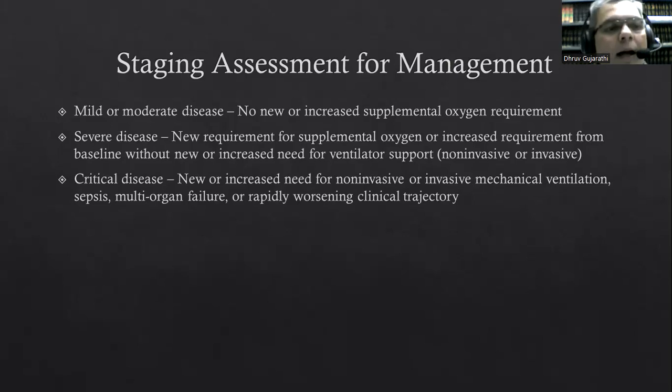or he might require a simple oxygen mask. And the third stage is the critical disease, where the patient is practically on the brink of collapse. He is nearing respiratory failure or is in respiratory failure, and he needs a high oxygen supply, where HFNO has failed or simple mask supplementation has failed, and he requires invasive or non-invasive ventilatory support.